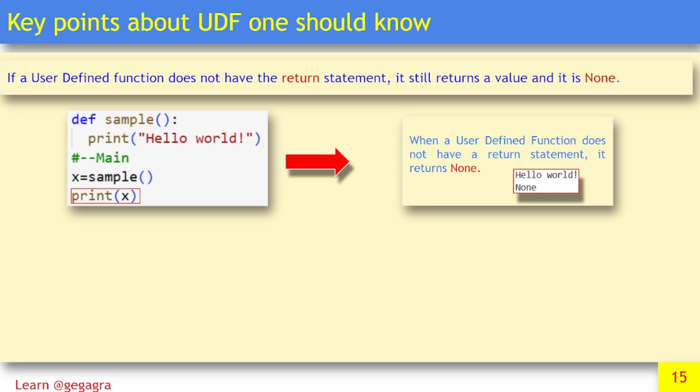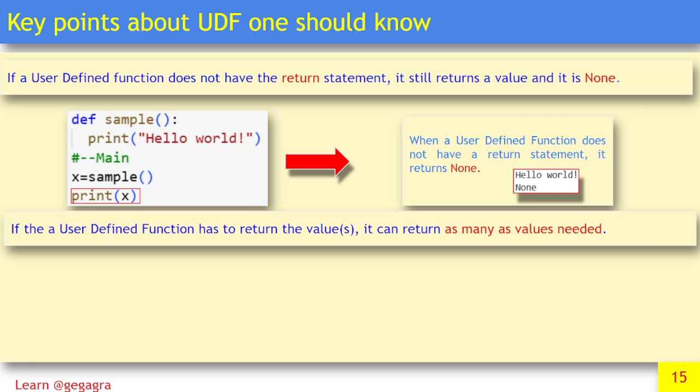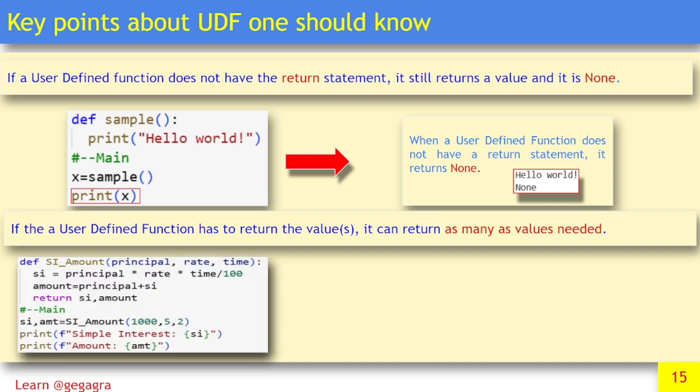The second example: if the user defined function has to return values, it can return multiple values, as many as needed. So see here, I have created a function where I have three positional arguments, principal, rate, and time, and I wanted to calculate simple interest and amount.